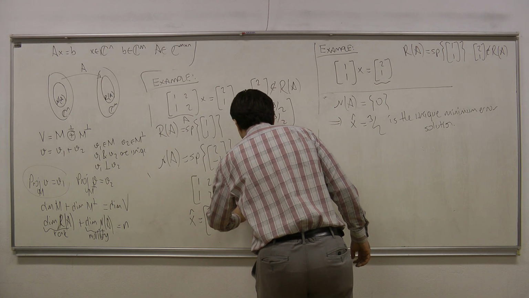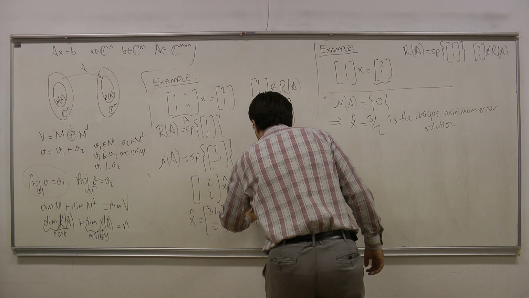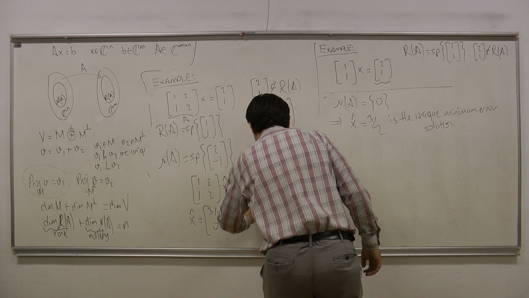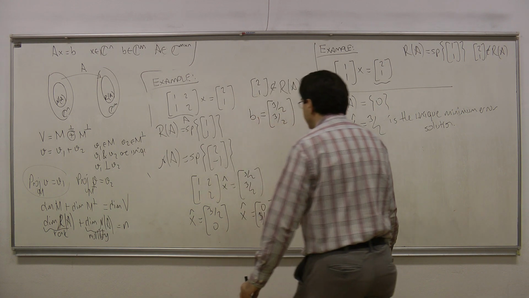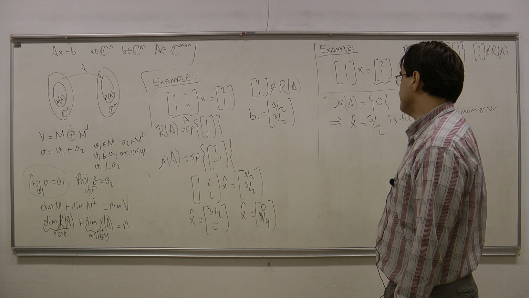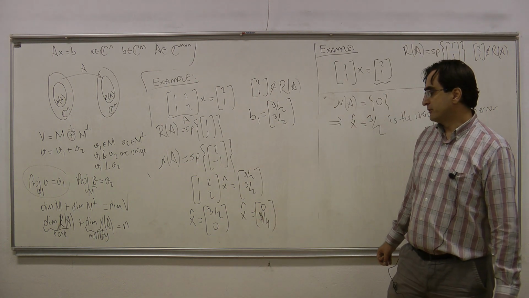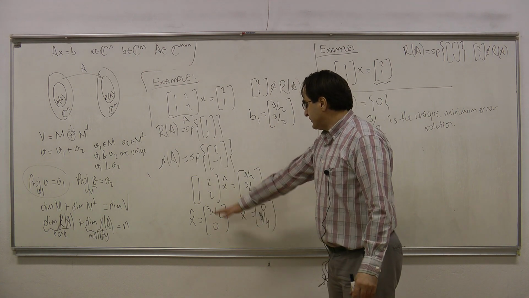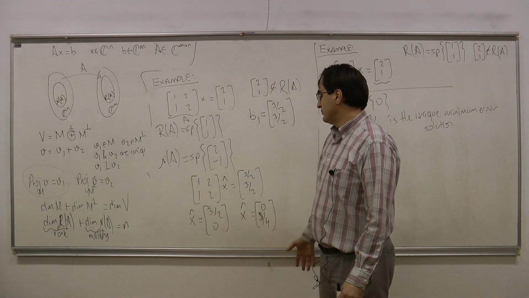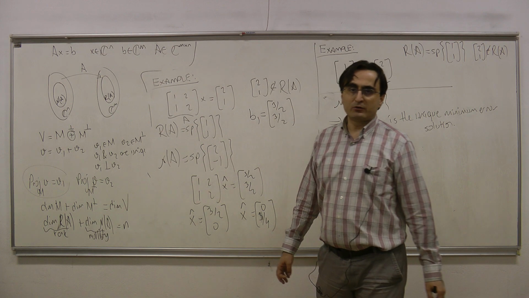Another solution, for example, X set is equal to (0, 3/4) here. And I can definitely find infinitely many solutions. So both of them are minimum error solutions.